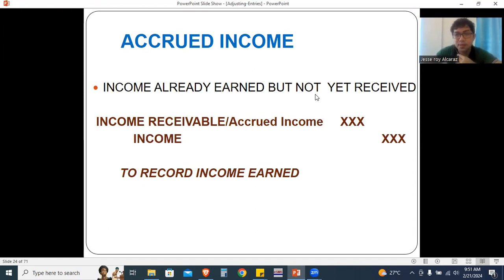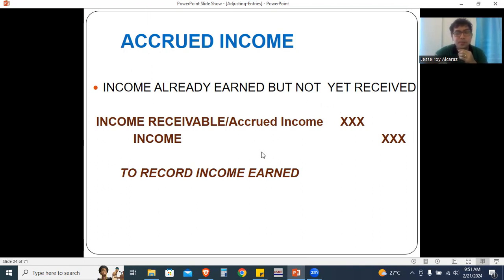Be reminded that in accounting, we use accrual method. And accrued income is an income that we have already earned. Kumbaga, naanatay katungod aning income because we have rendered the service already or we have delivered the goods. Therefore, the customer already has an obligation to pay us because again, we have earned it already but not yet received.